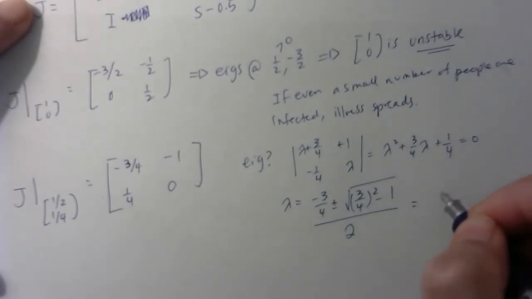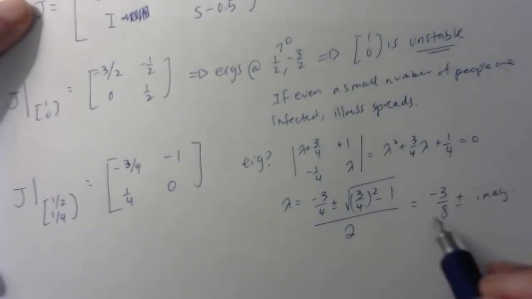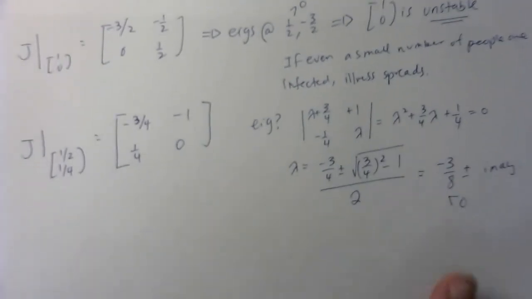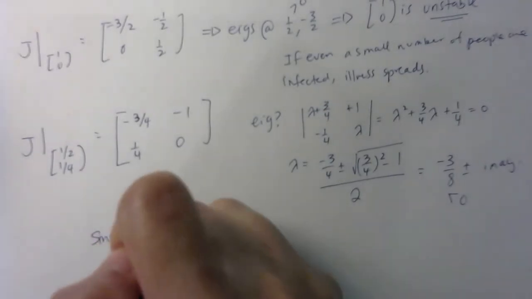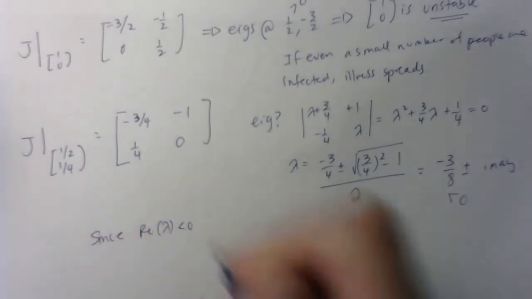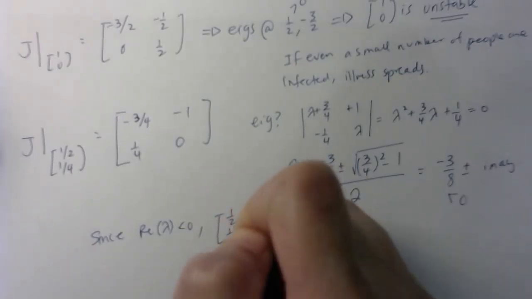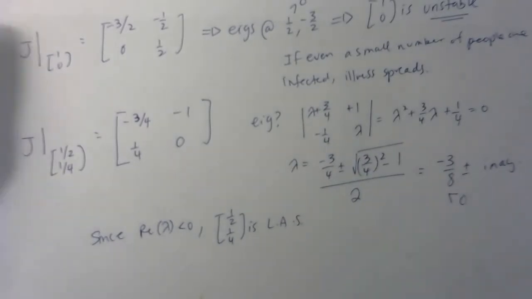So this is going to look like minus 3/8 plus or minus something imaginary. That means that the real part here is less than 0. So what does that mean? Since the real part of the eigenvalues is less than 0, this equilibrium (1/2, 1/4) is locally asymptotically stable. So solutions should go towards it.